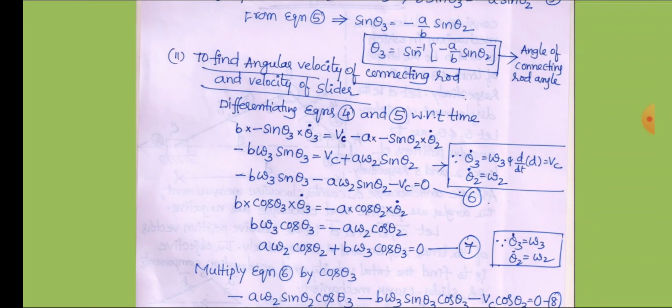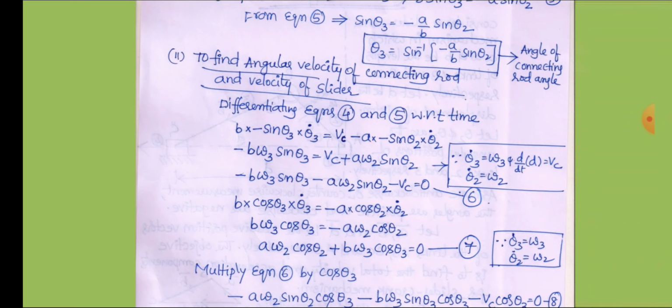Now if I simplify, it will be minus b omega 3, because theta 3 dash is nothing but rate of change of angular displacement with respect to time of the connecting rod.